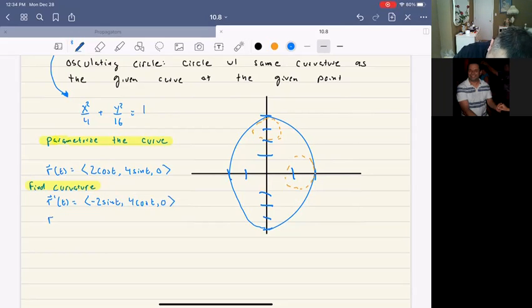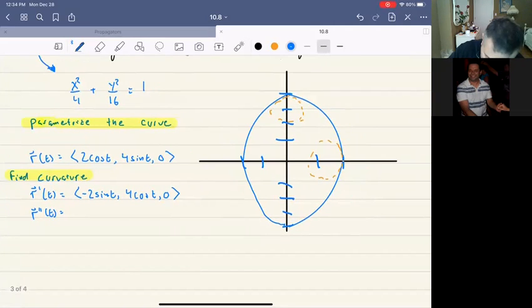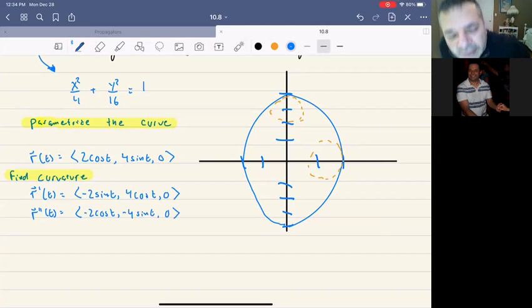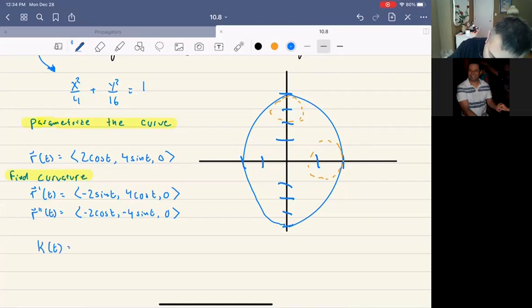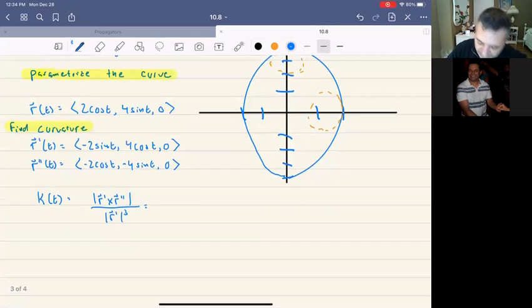My r double prime is going to be negative 2 cosine t, negative 4 sine of t, 0. And then let's take our curvature. Remember, our curvature is the magnitude of r prime cross r double prime divided by the magnitude of r prime cubed.